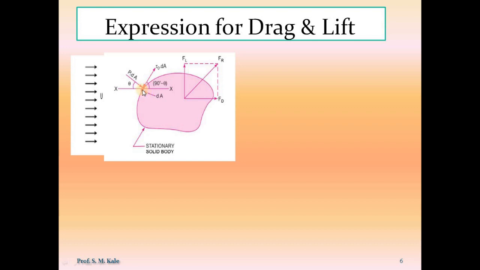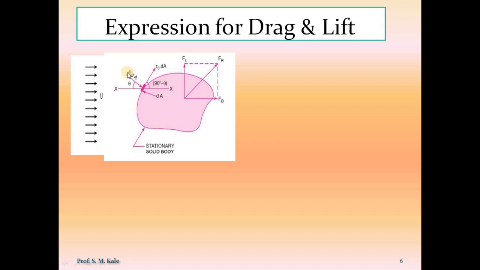Now if I study the forces acting on this small elementary area dA, two types of forces act on each and every elementary area. The first is because of pressure, called the pressure force, and the second is because of shear stress, called the shear force.